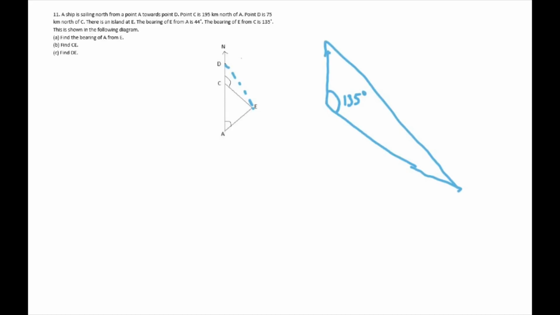We also know that this is 75 kilometers. And this part here is 133. Remember, we just got this part right here, 133.39.